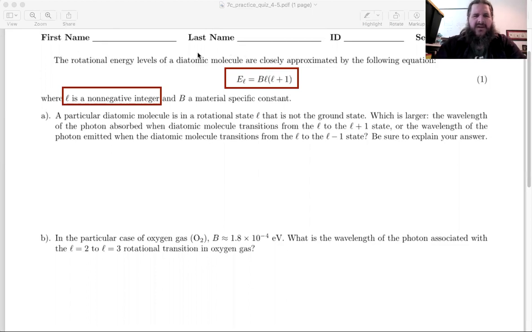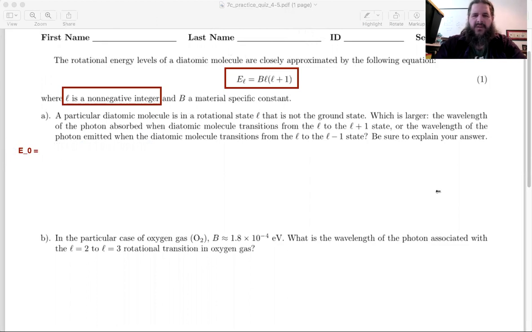In fact, it might be a good idea to list out some of these possible values. We could have, for instance, E sub 0. If you plug in 0 for L, what do you get? Yeah, that's just going to be 0.